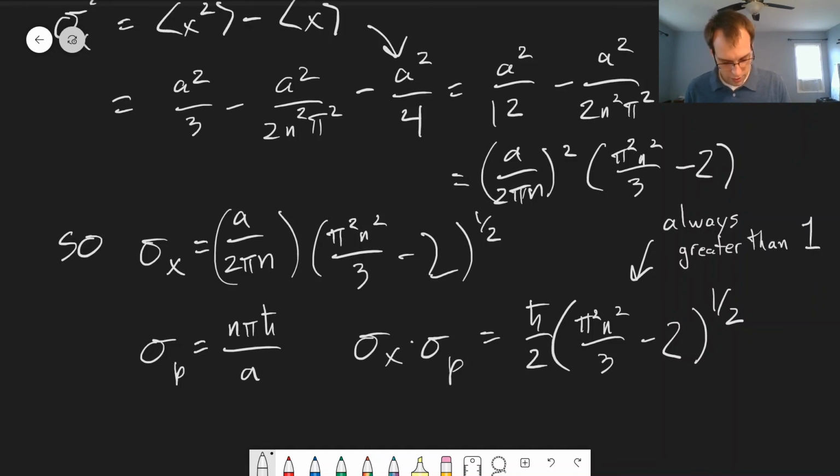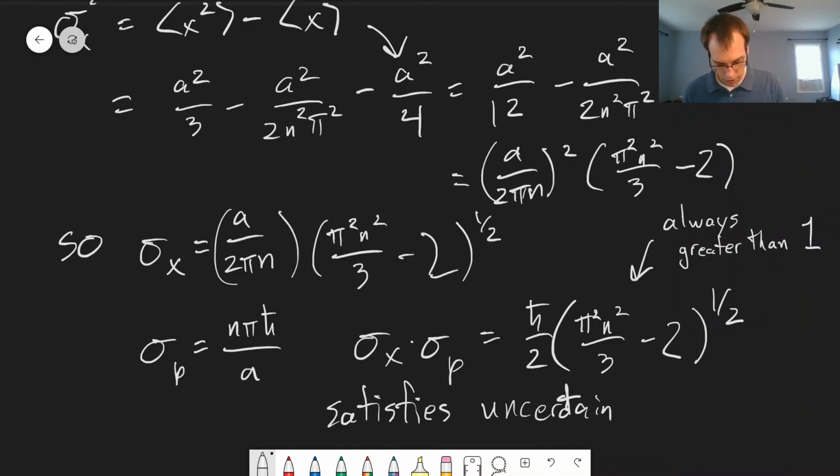What that tells us is that we can actually calculate the uncertainties, and this will always be greater than h bar over 2. So we have a mathematical way of showing that, and this satisfies the uncertainty principle that we talked about earlier.